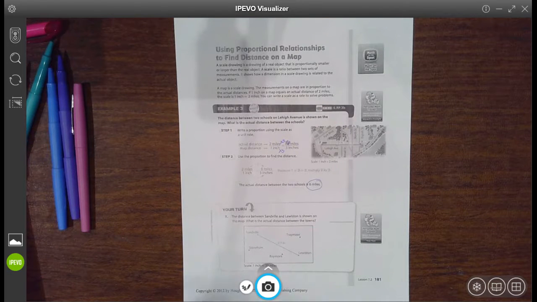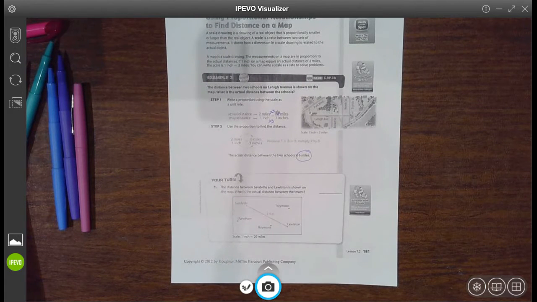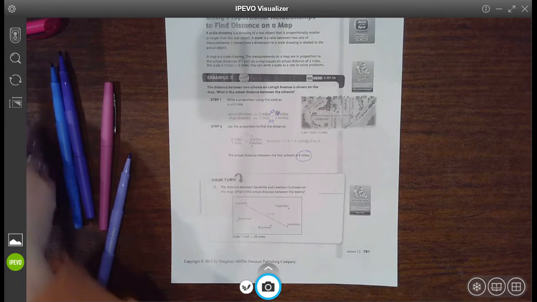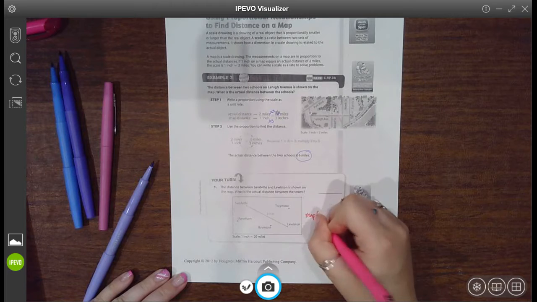Okay, using that same logic, I want you to try to solve this problem right here. Again, always try to pause the video, try it yourself, and then unpause it and come back. Okay, so you unpaused it, you're back with us. I like to always write down what I'm talking about in front. So I have the map, and the map is talking about inches.